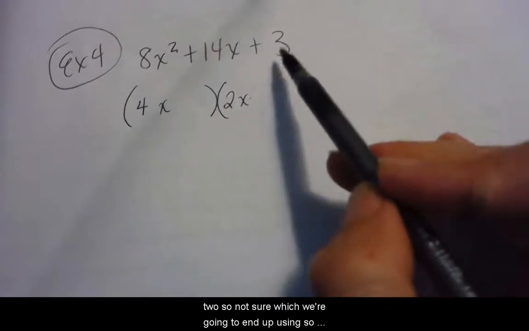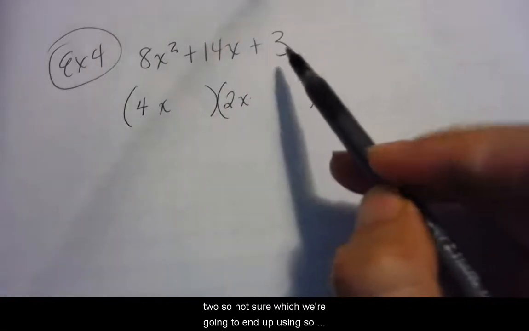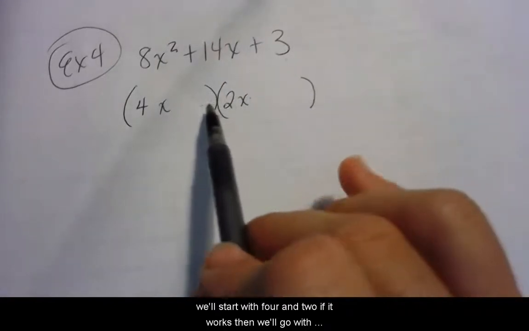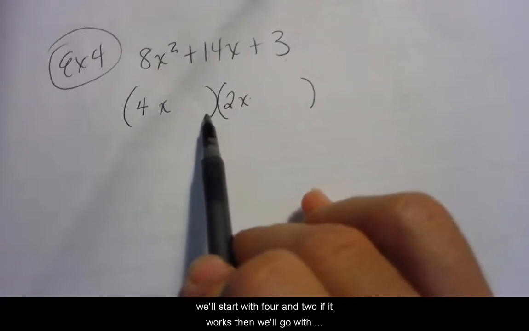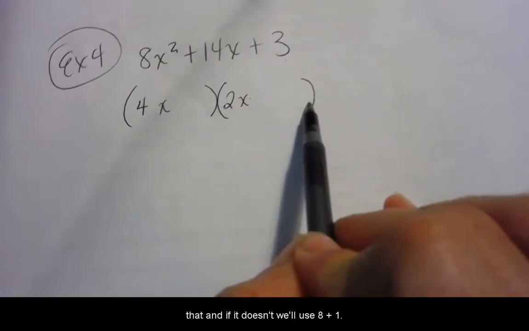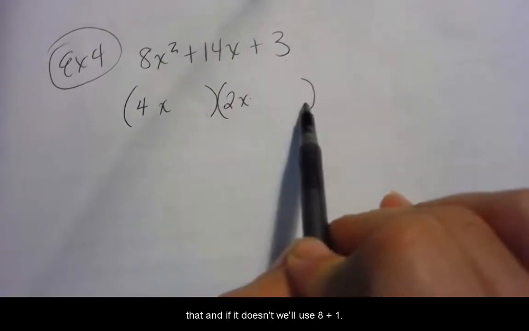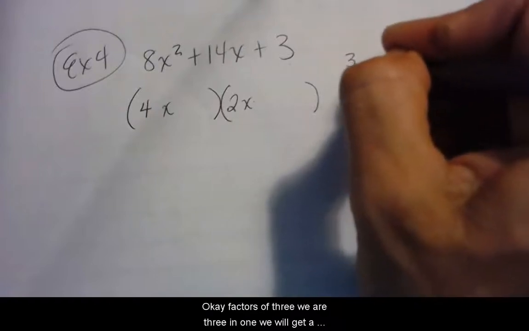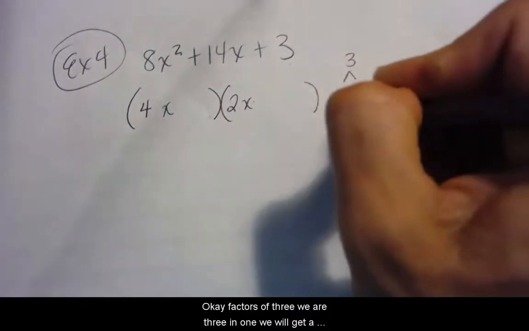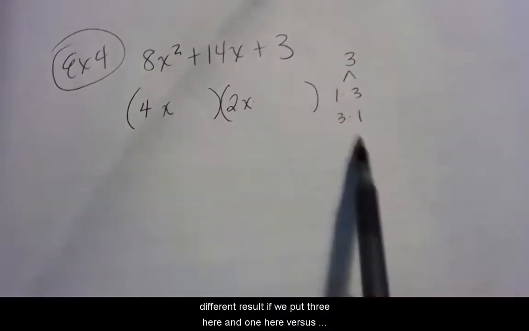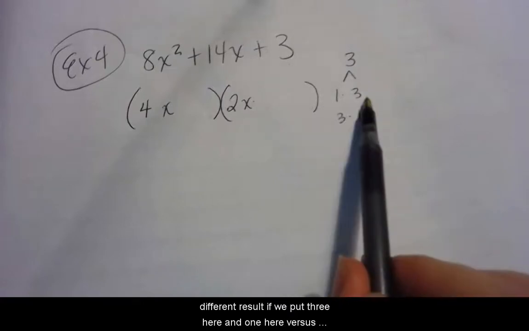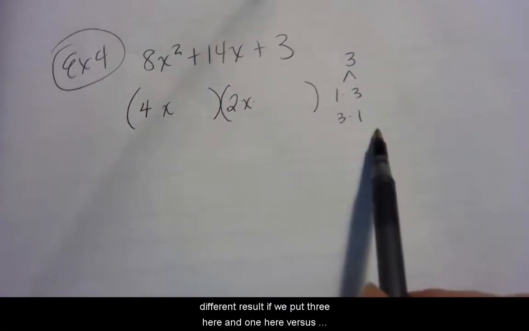Okay, factors of 3 are 3 and 1. We will get a different result if we put 3 here and 1 here versus 1 here and 3 here. So what I like to do is write it out in the 2 different combinations. So I'll try this one. If it doesn't work, then I'll try the next one.